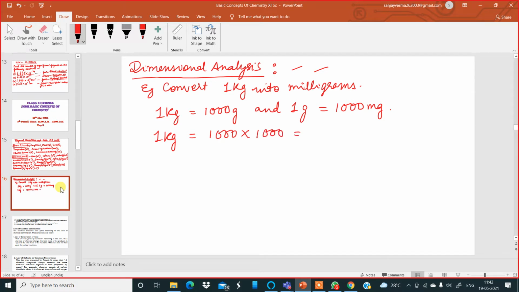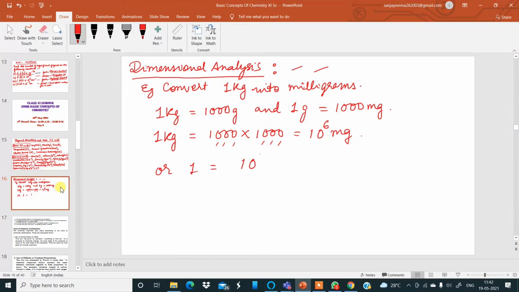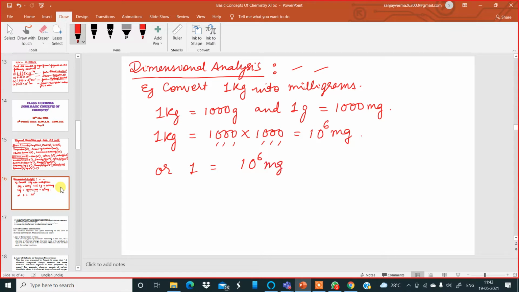How many zeros are there? 6. So can I write 10 to the power of 6 milligram? Try to understand this. Or can I write 1 is equal to 10 to the power of 6 milligram divided by 1 kilogram.